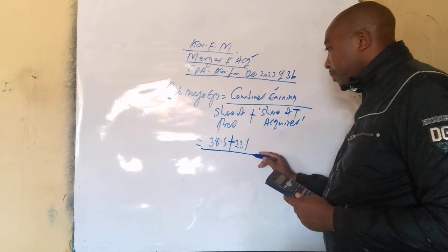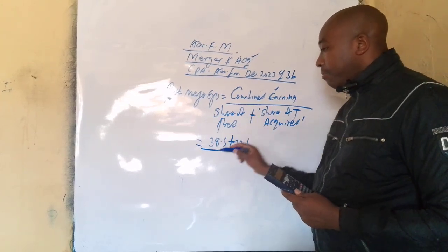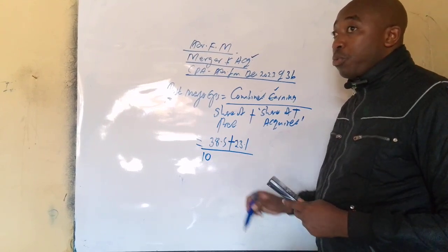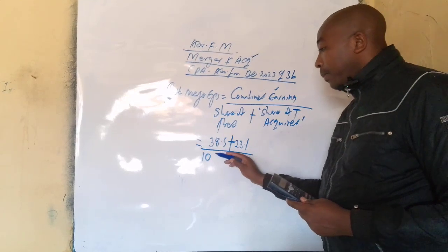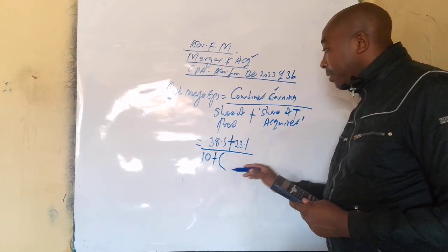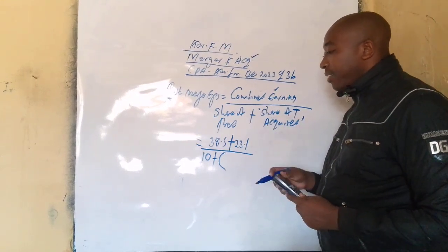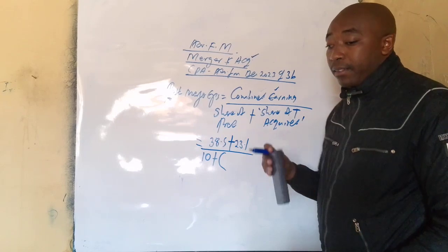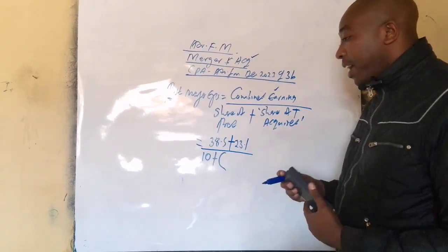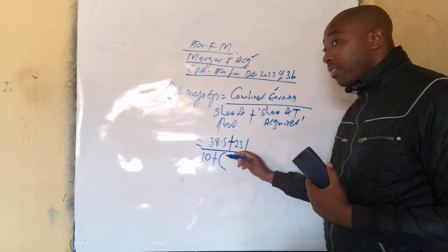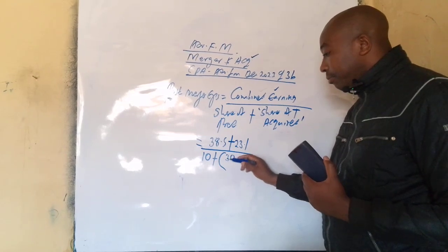Then we divide by shares of Predator. We have 10 million, plus shares of target acquired. Shares of target acquired, we take the exchange ratio. And since now we have new offer price, we'll be having new exchange ratio. They are telling us the offer price to be shillings 30.